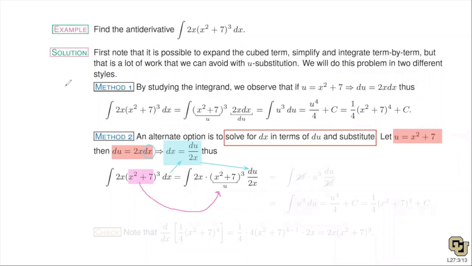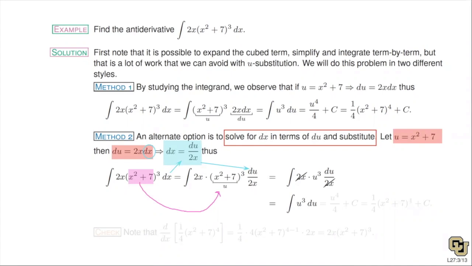Now do some algebra here. The 2x's cancel. There's this 2x that was there from the given, and then when I solve for dx, I got du over 2x. Those 2x's cancel. And here's my successful transformation. It's successful when all the x variables are gone and I only have something that's in terms of u.